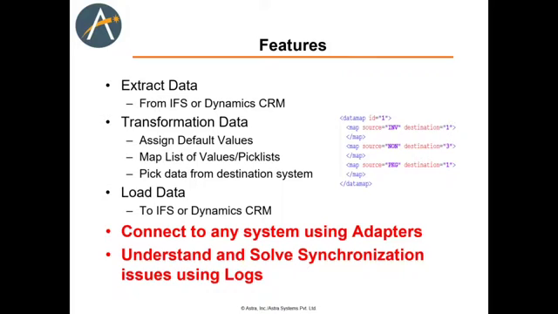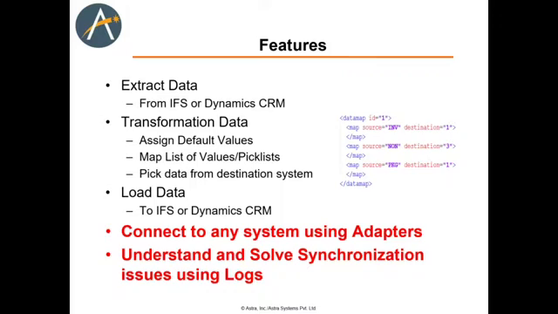It prepares data to be sent to the destination system, where it could be IFS or Dynamics CRM, right? So the data could go both ways. The adapters are written in such a way to consume and send data to the system and bring data out of the system. The in-between step is what we call transformation.